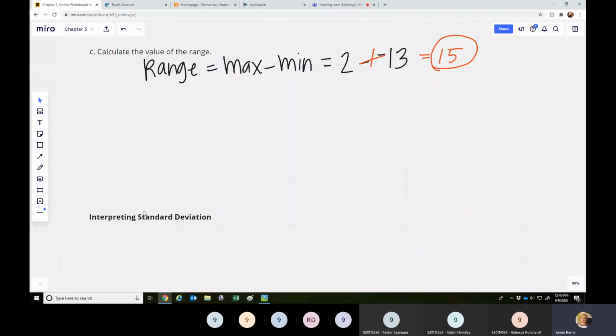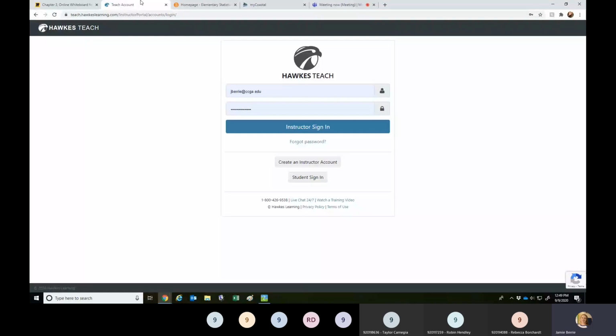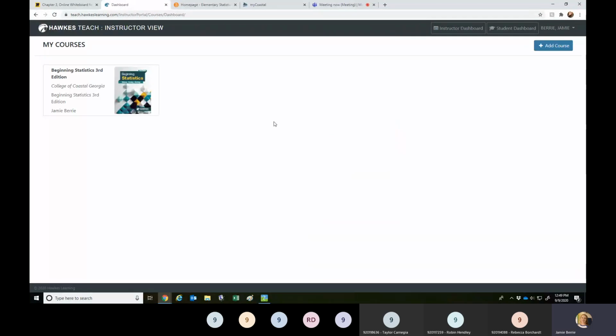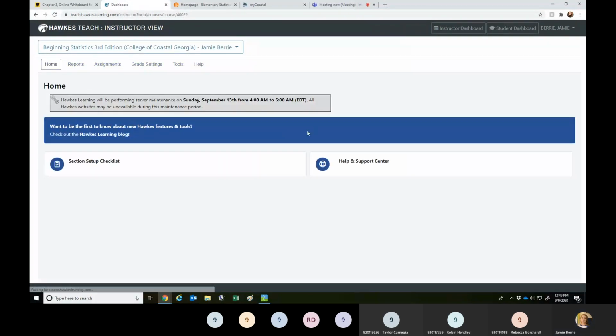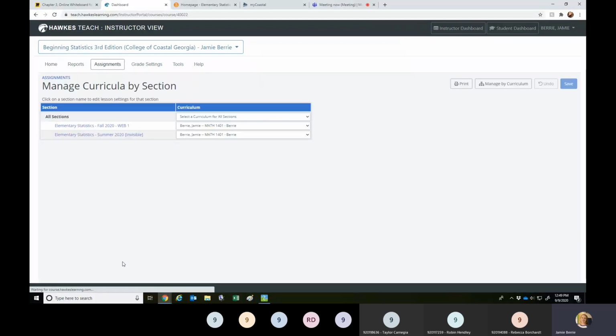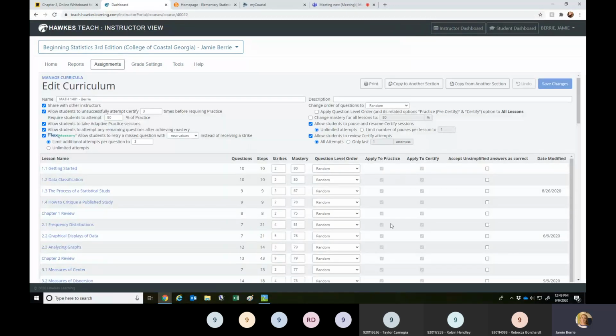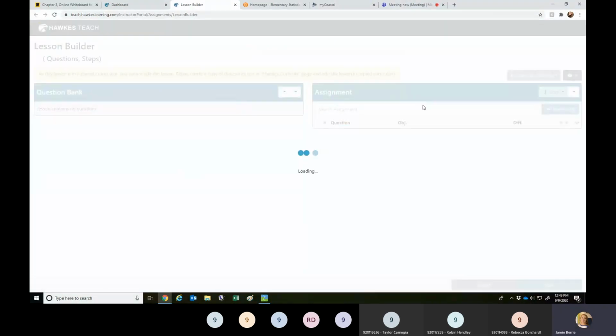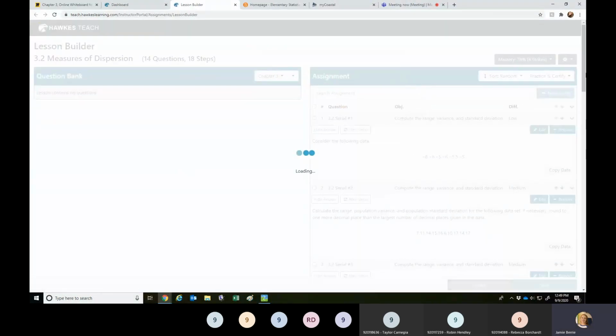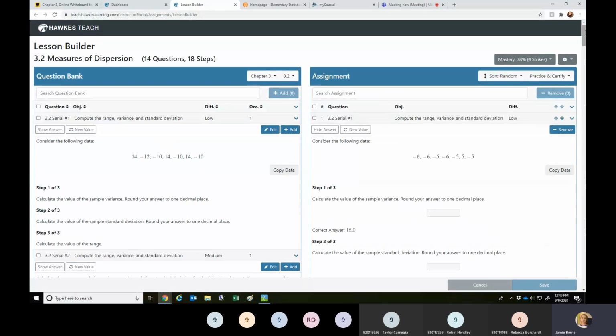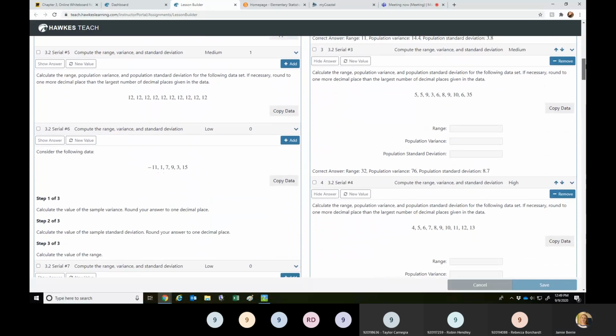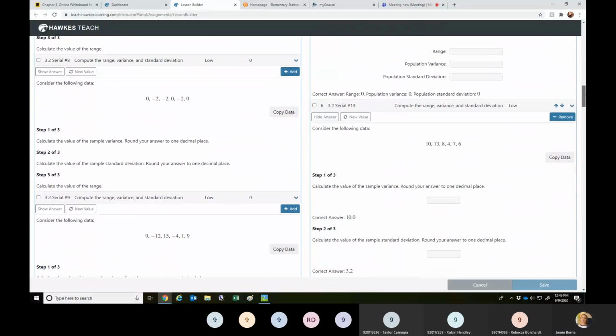Now, there's a question on your homework about this. I wanted to see if I could find it. Sign me out of Hawks again. Hopefully you're all doing well with Hawks. I know some people don't like it because the learn part has a lot of reading, which can be aggravating.